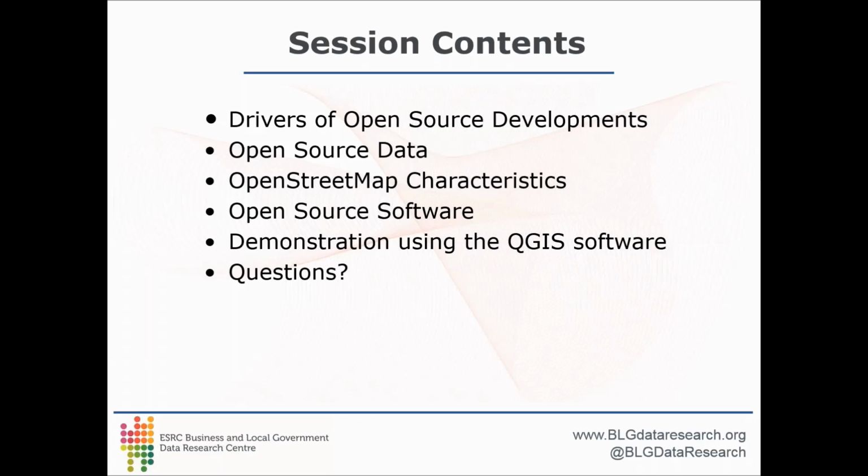Once we've talked a little bit about data, I'll also discuss open source software and some of the ways that that is developed. There's a very large variety of open source GIS programs now, and I'll show you a resource where you can find out more about those.